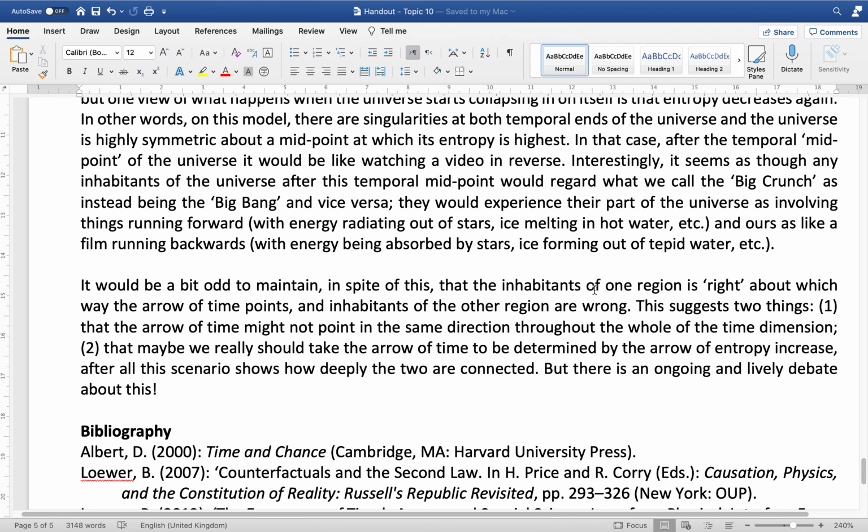So again, we get back to this suggestion that perhaps the arrow of time, on this entropy hypothesis, might not point in the same direction throughout the whole of the time dimension.